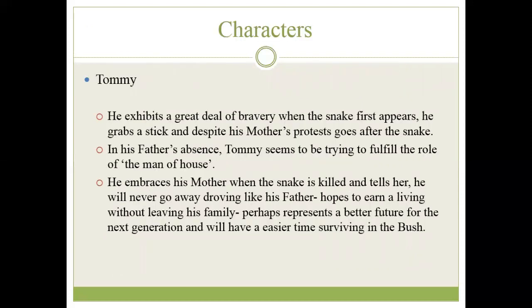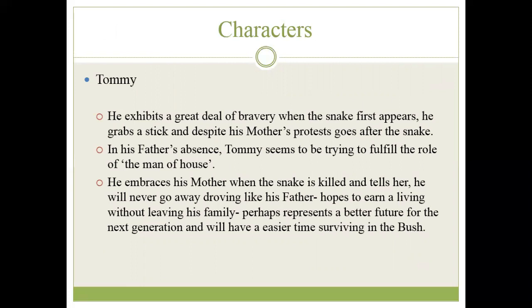Tommy is the eldest son. He exhibits a great deal of bravery. When the snake first appears, he grabs a stick and, despite his mother's protests, goes after the snake. In his father's absence, Tommy seems to be trying to fulfill the role of the man of the house.